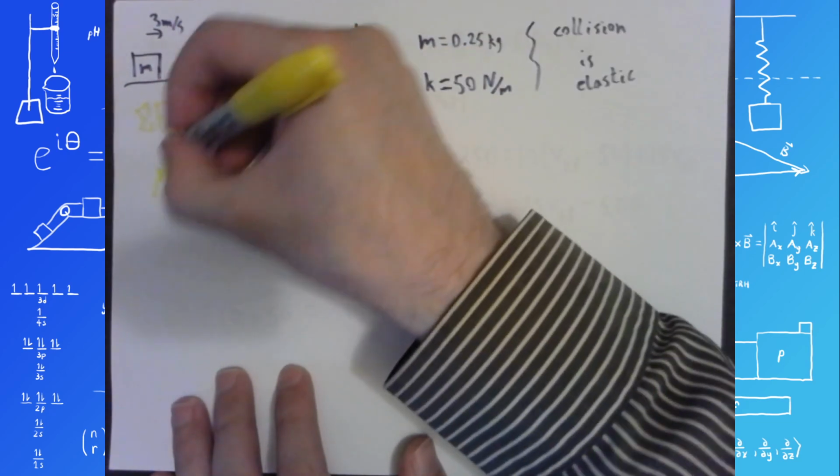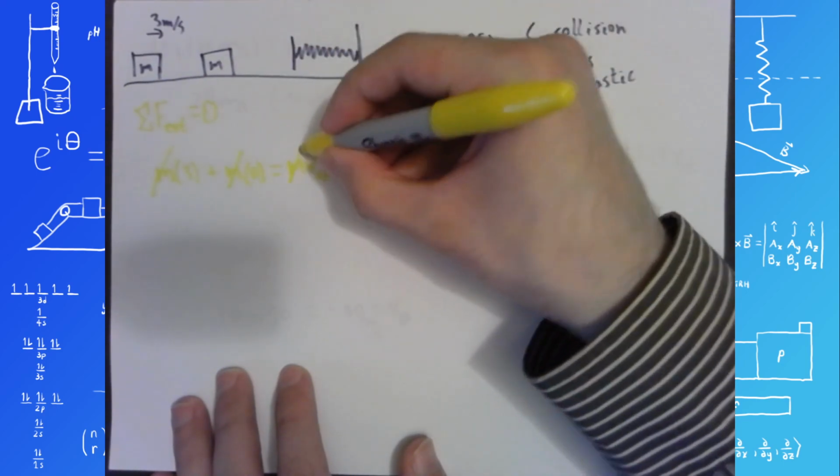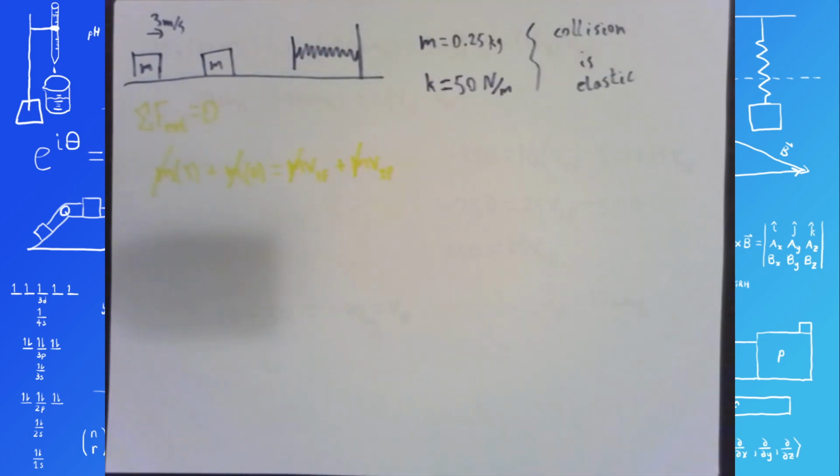Oh, would you look at that, since the masses are the same, the mass cancels out. So 3 equals V1 final plus V2 final.